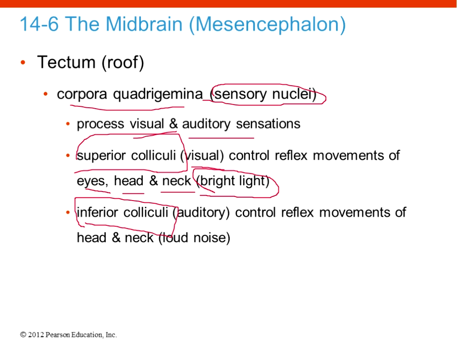You might turn your head or your neck a little bit, or you close your eyes in sort of a reflex response to that very bright light. That reflex is routed through the superior colliculi of the corpora quadrigemina. Okay, so it's a visual stimulus that's causing a reflex response to our eyes, head, and neck.